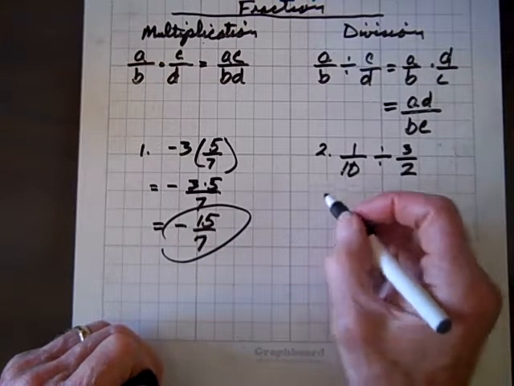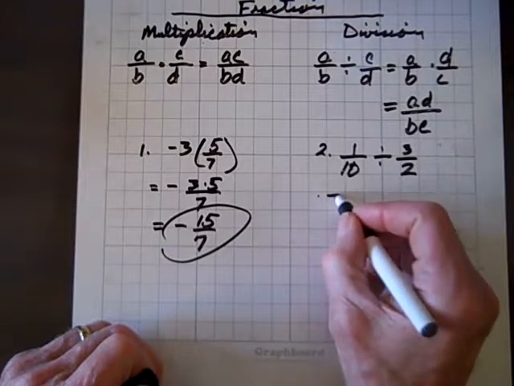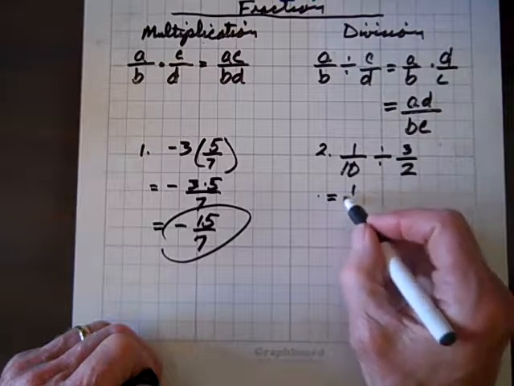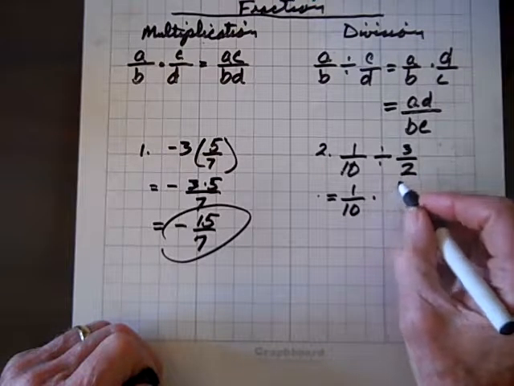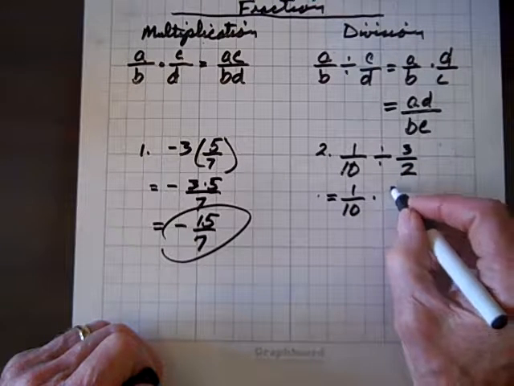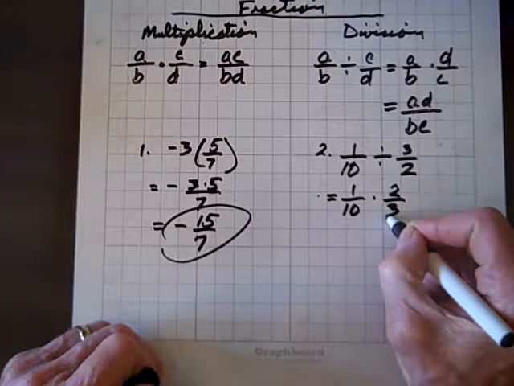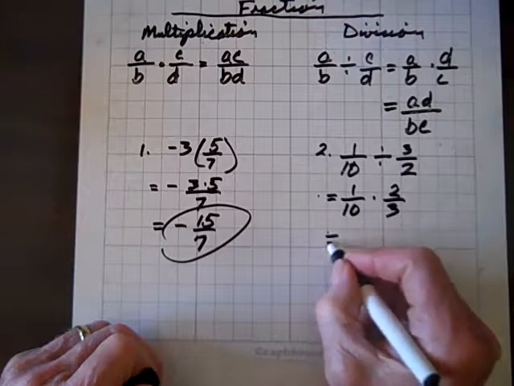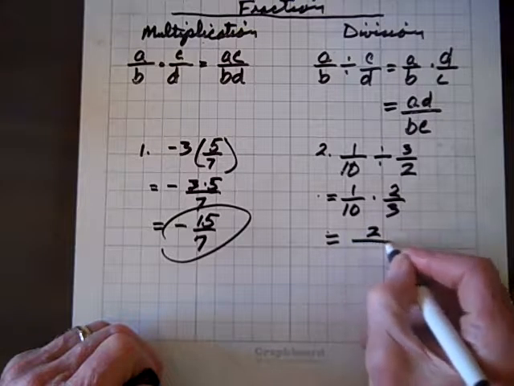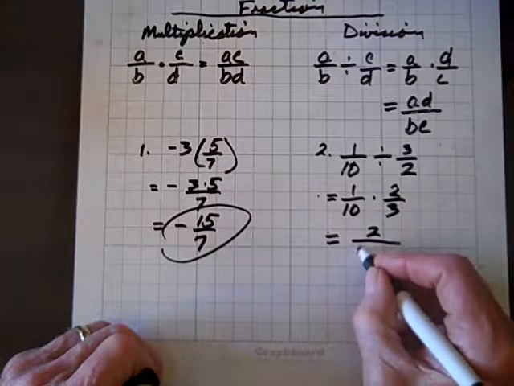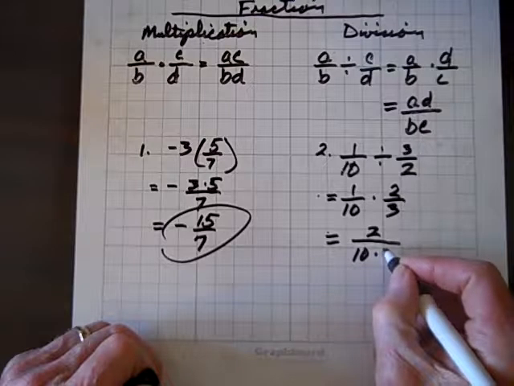For 2, our first task is to invert so we can have multiplication. So inverting 3 over 2, we get 2 over 3. And now this equals 1 times 2 is 2, and we have a 10 times 3.